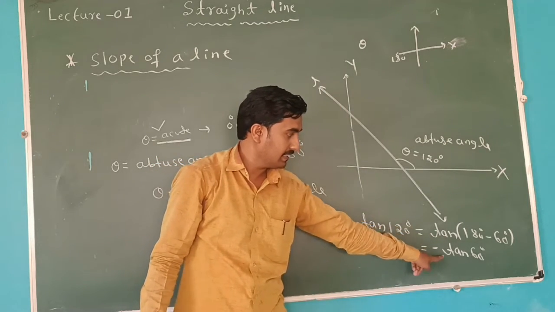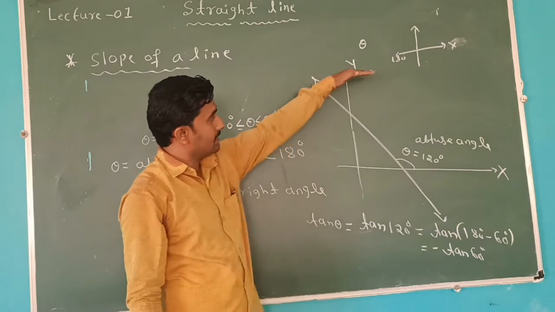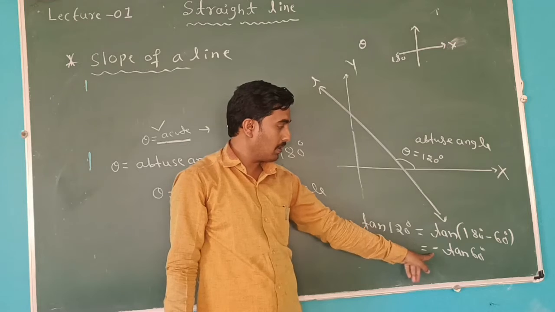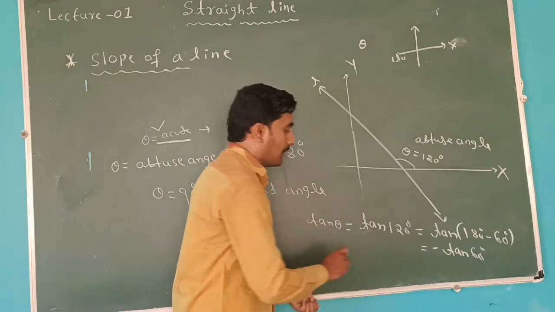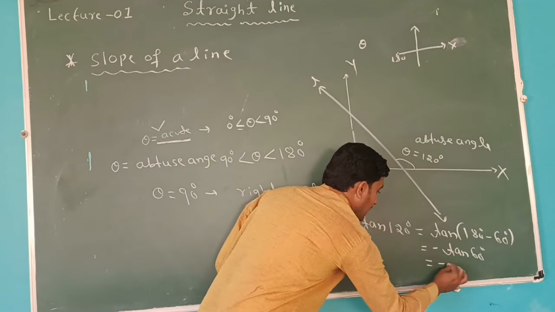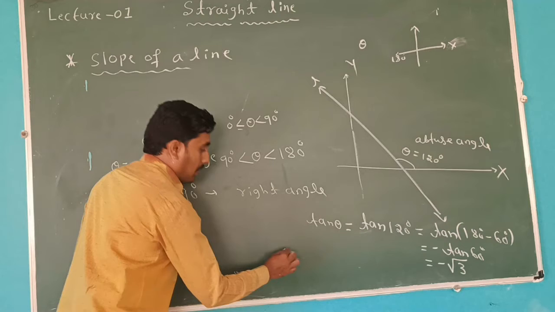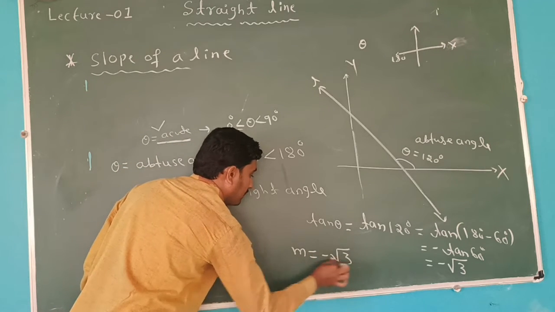Tan as it is of angle 60 degrees, but in the second quadrant tan is negative. So tan of 180 minus 60 is minus tan 60. What is the value of tan 60? Tan 60 is root 3. So the slope of the line is minus root 3.